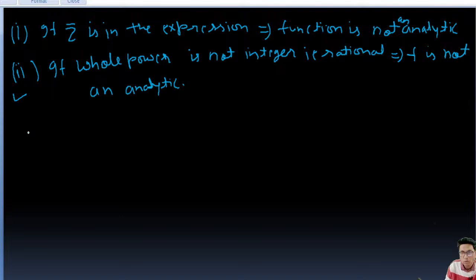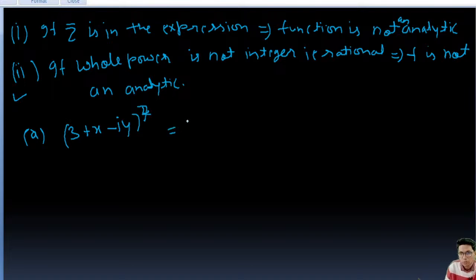So we'll check it option by option. The first option is 3 plus x minus iy whole to the power 7, right?